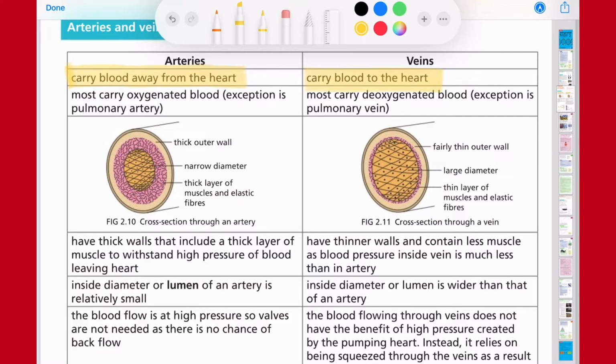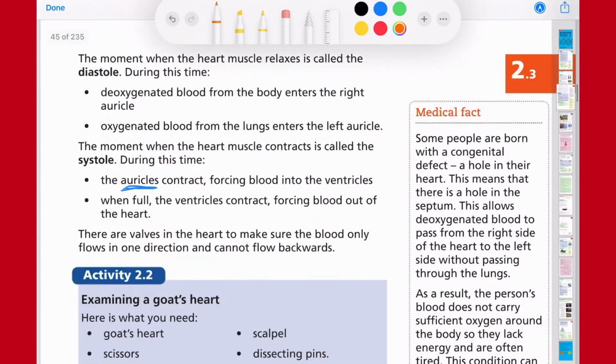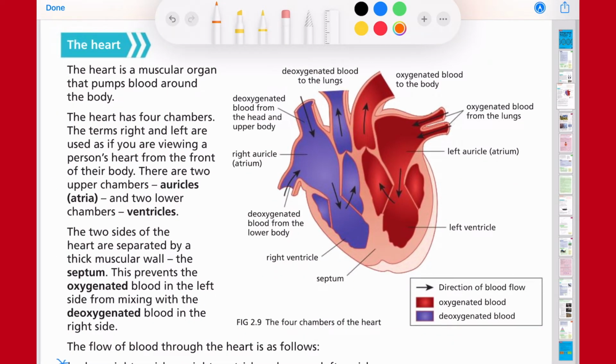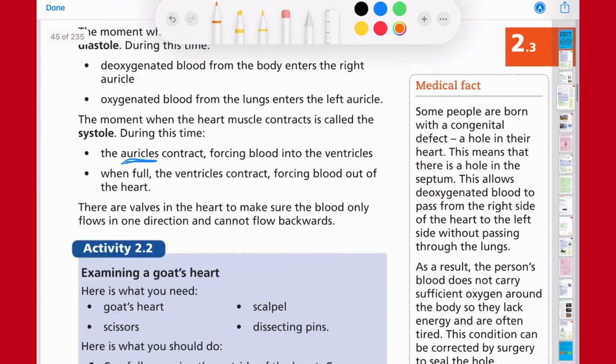So if we go back to the structure of the heart, and we have blood here that is leaving the heart, what type of vessel is that? Both of these vessels here are carrying blood away from the heart.